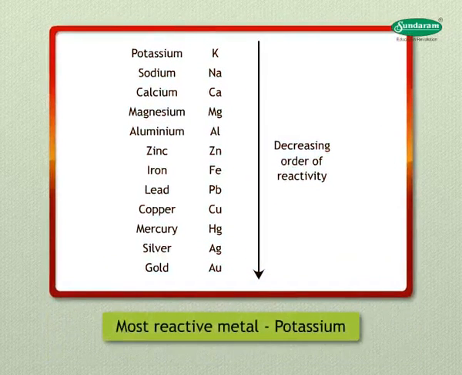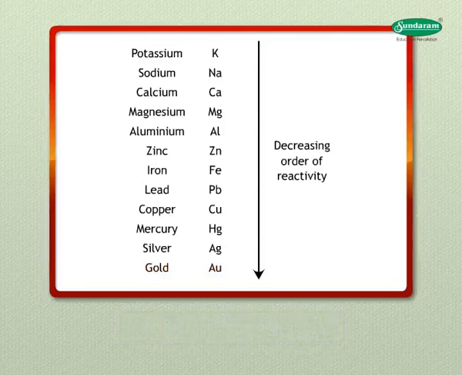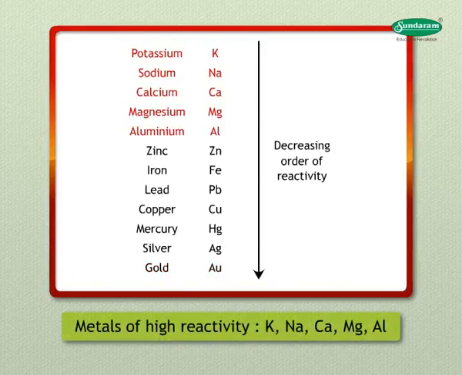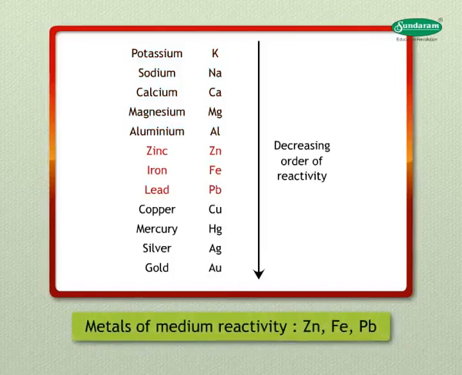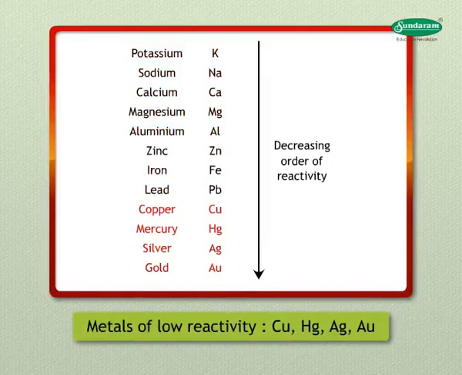Thus, the most reactive metal is potassium and is placed at the top of the list, and the least reactive metal is gold, which is placed at the bottom of the list. On the basis of reactivity, we can group the metals into the following three categories: metals of high reactivity, metals of medium reactivity, metals of low reactivity.